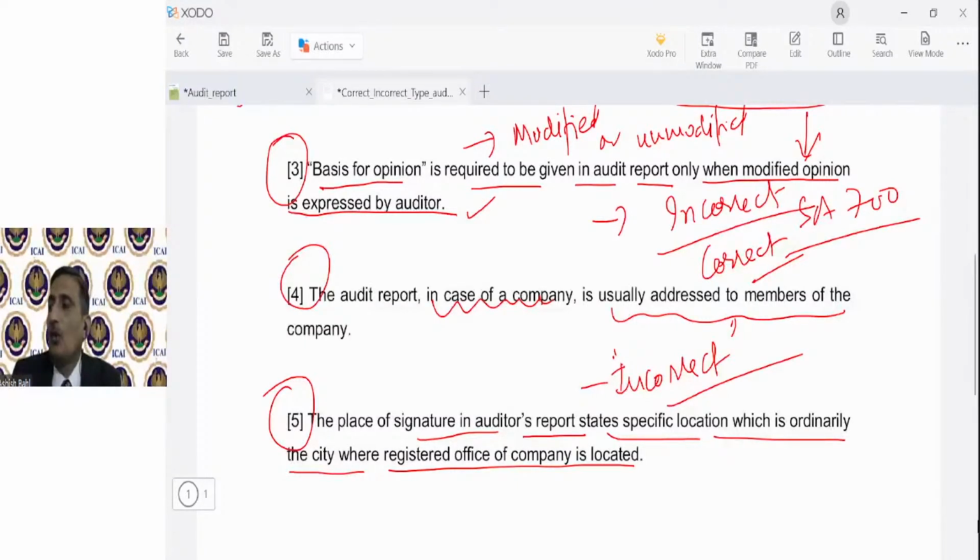It has nothing to do with the registered office of the company. The auditor would not go to the registered office of the company to sign the report. Would he? Plain common sense, plain logic. So is that clear to you guys?